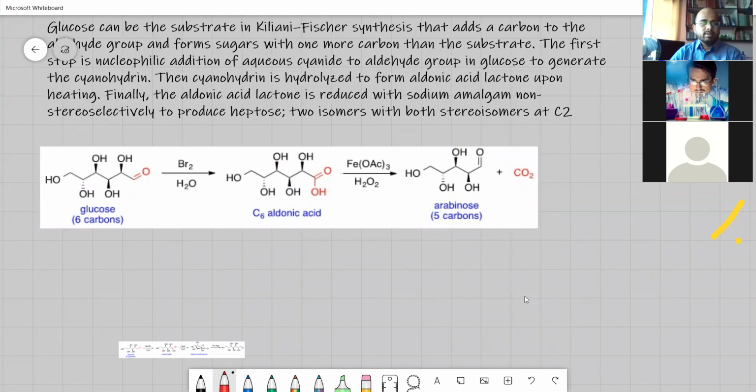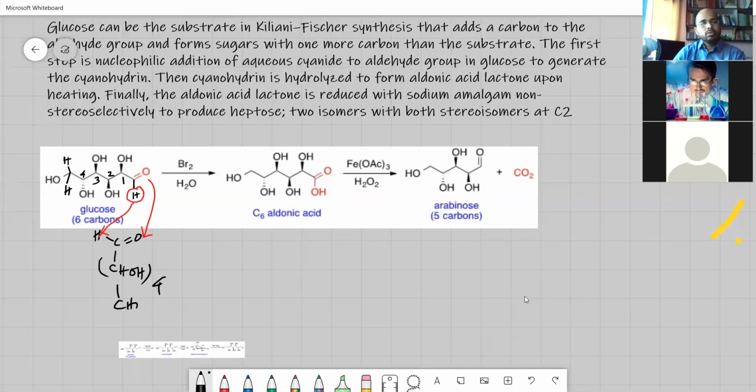So this I will write like this: C double bond O and H. Then you will write CHOH 4 times, that is 1, 2, 3, 4. And then you have CH2OH.